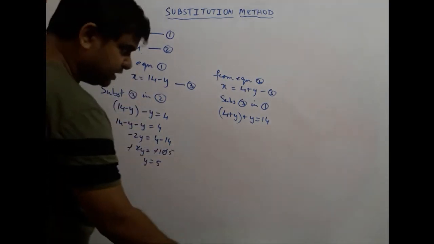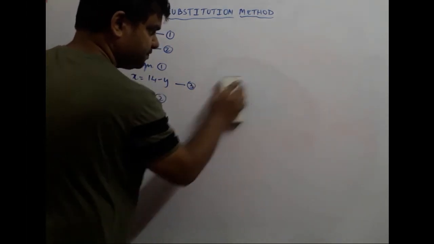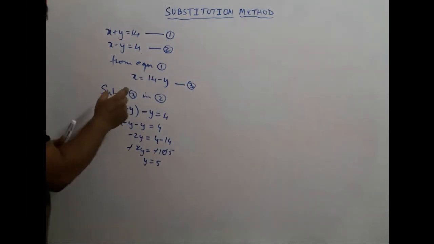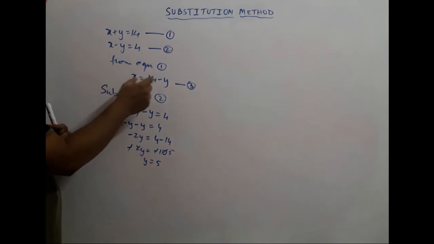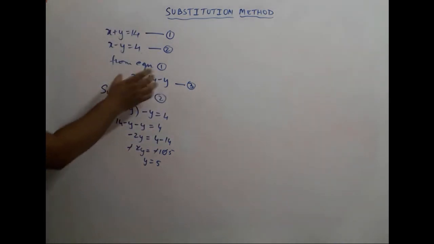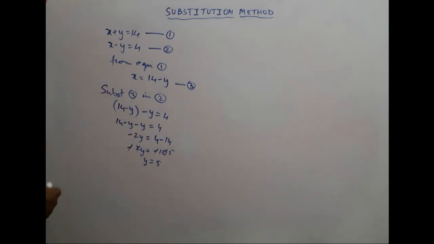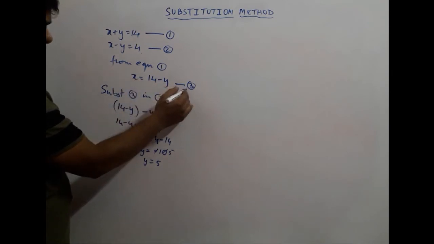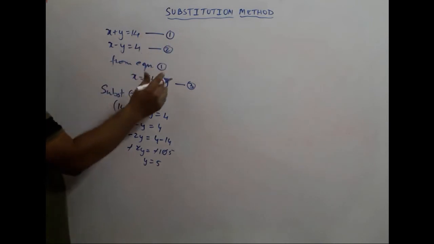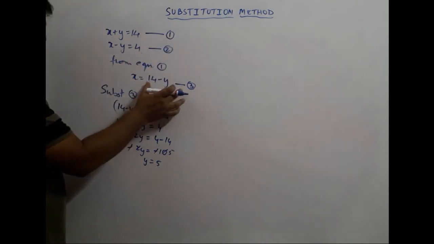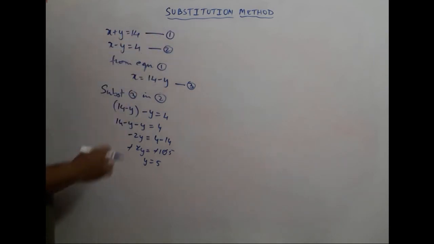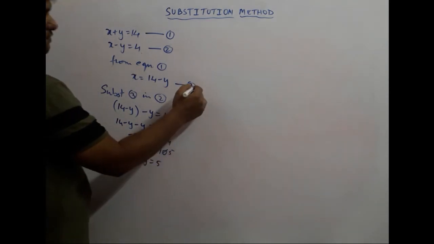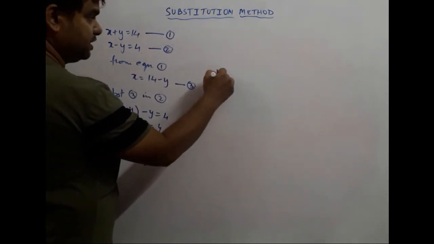I won't solve that, but in place of that, I will just show you. I have told you not to substitute back into the same equation from which you have derived it. If we substitute, let's see what we get. We've got equation 3, and again we put it back into 1. We got this equation from 1. What happens if we put it back into the parent equation from which we derived it?